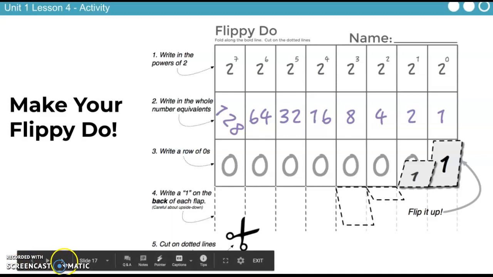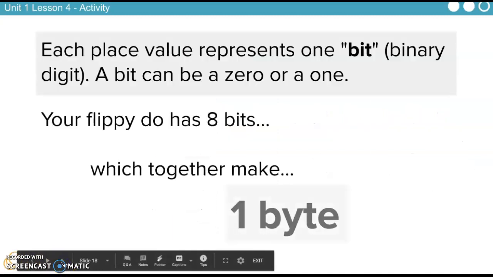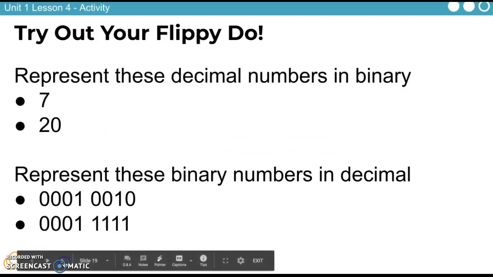So if we go back here to the 7, how do you get to 7? Again, you're going to start left to right and do the same thing. Hit pause, please. And let's continue. Okay.